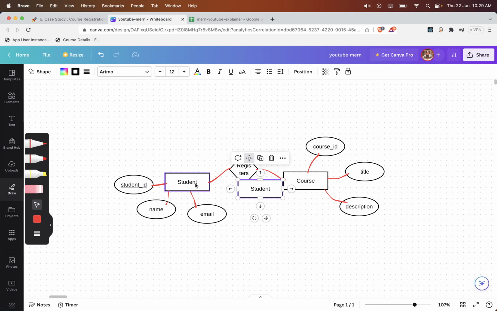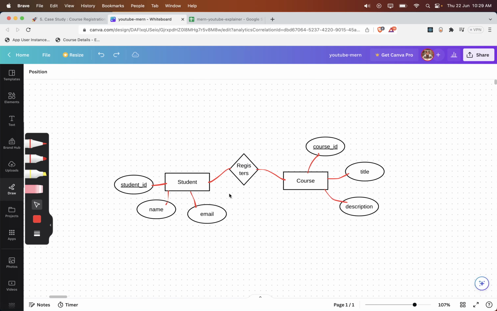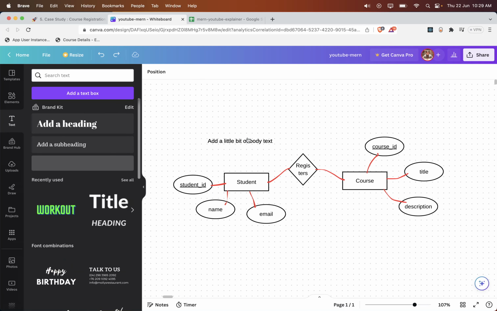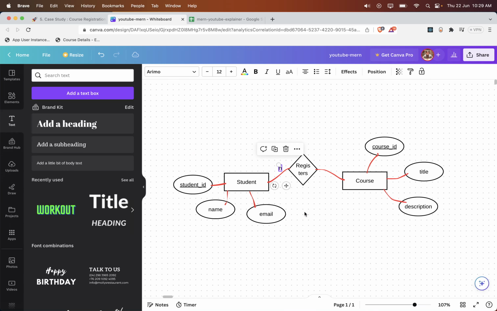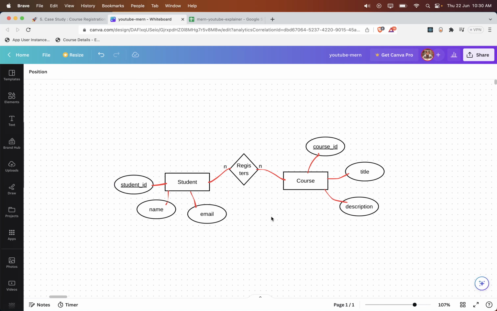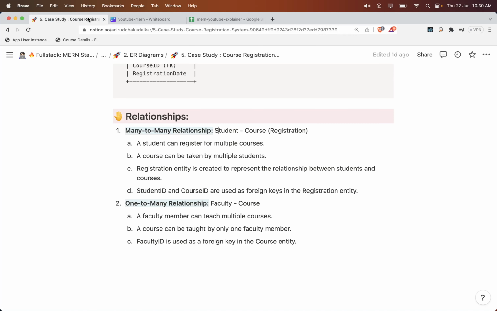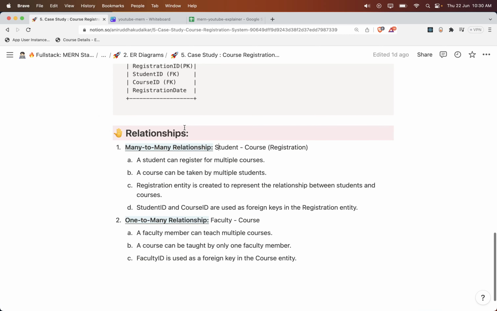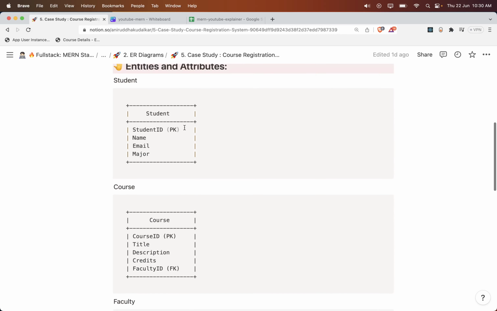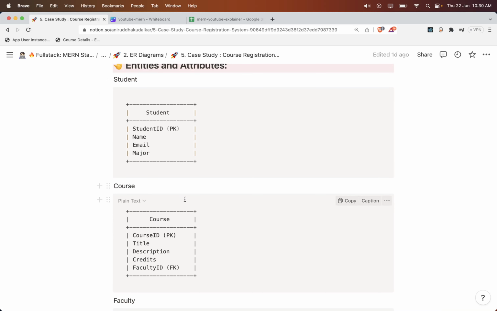So we can add one more thing over here, that is n, and you can place that n on this end, and you can place this n on this end, which says n to n, many to many relationship. I have done this just for the first two entities, student and the course.